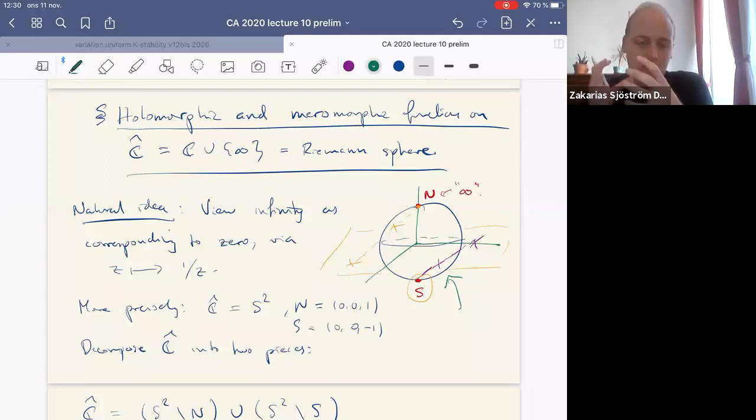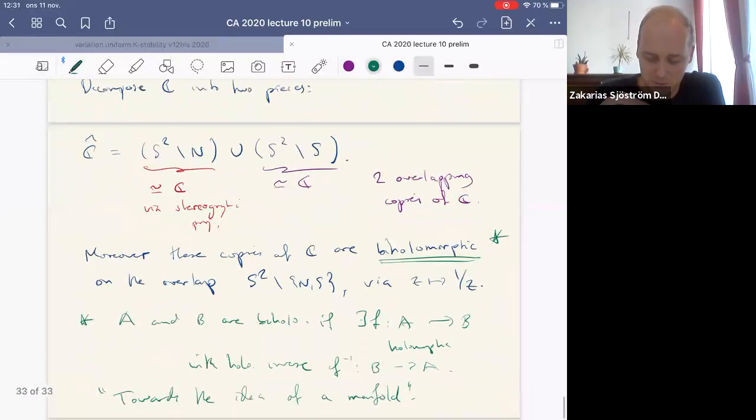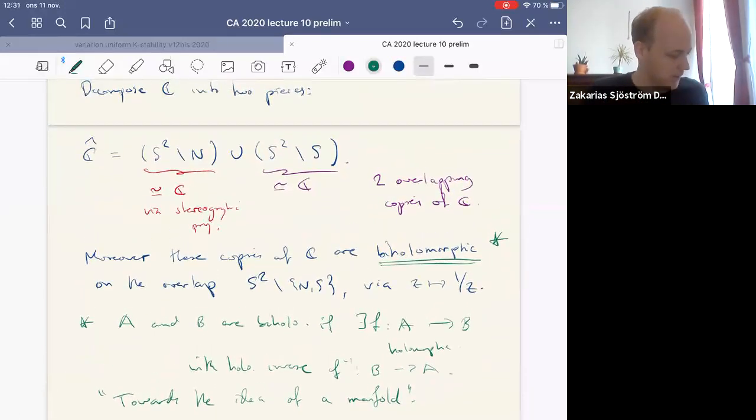There are these things called charts, and in this case, there are two charts. And Z goes to 1 over Z are the transition functions of this chart. If you don't understand what I just said, you will learn about this in the differential geometry course. More about that. But I thought I would say this much.